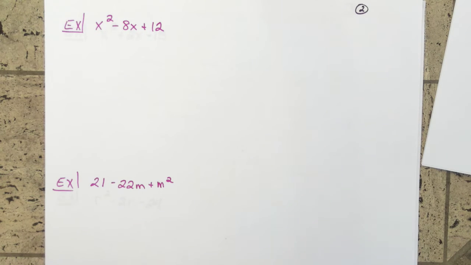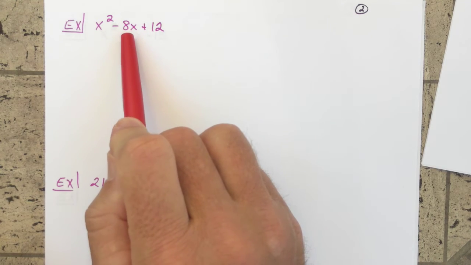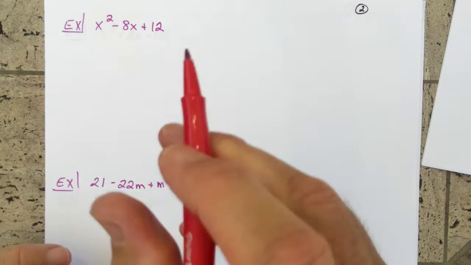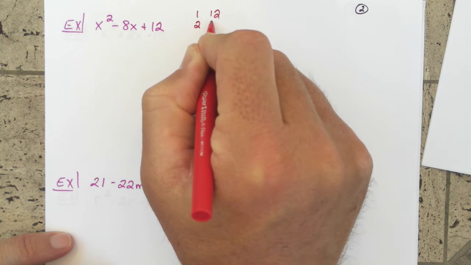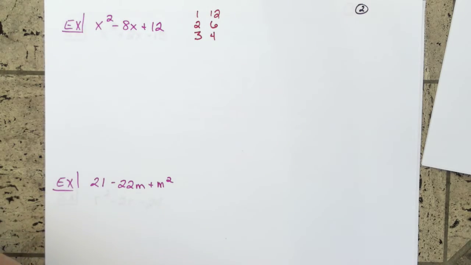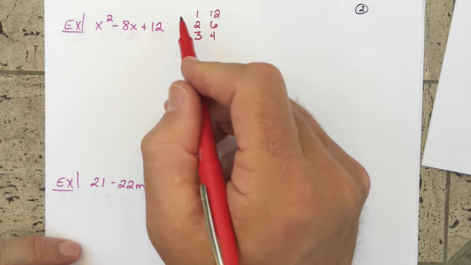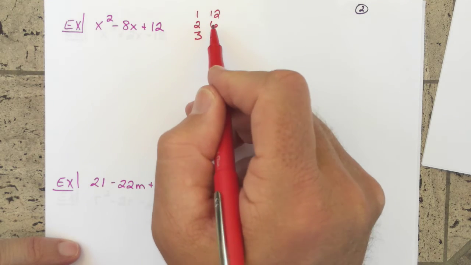All right, so let's follow our rules. Our rules state that we have to find 2 factors of C that add up to be this. All right, what are my factors of C? In this case, 1 and 12, 2 and 6, 3 and 4, and then the repeats start. Now, when I add them up, do I get a -8? Not there, not there, not there.